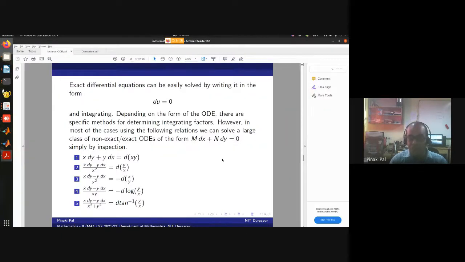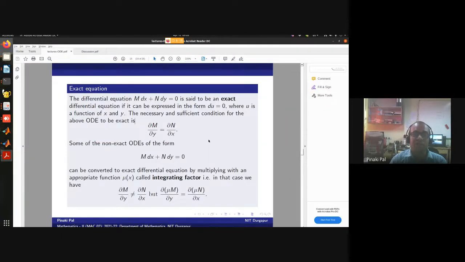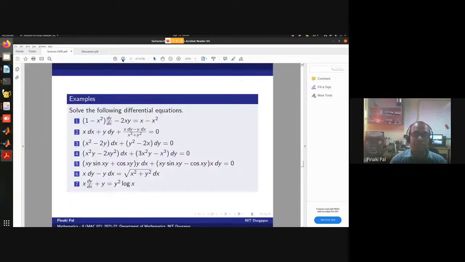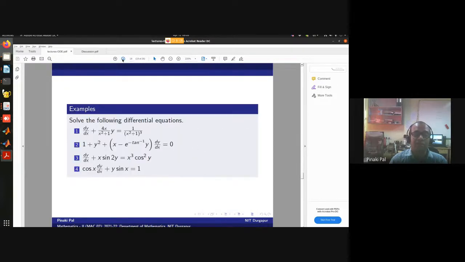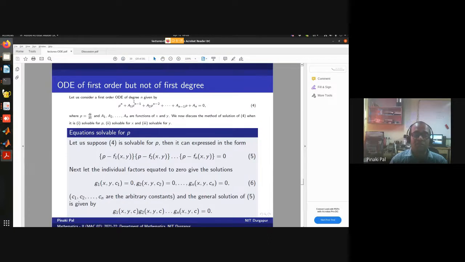Okay, so next, after that, we discuss ordinary differential equations of first order but of higher degree. First order but of higher degree. A general first order ordinary differential equation of degree n can be represented in this form: P to the power n, where P is dy/dx, so P to the power n means (dy/dx) to the power n.